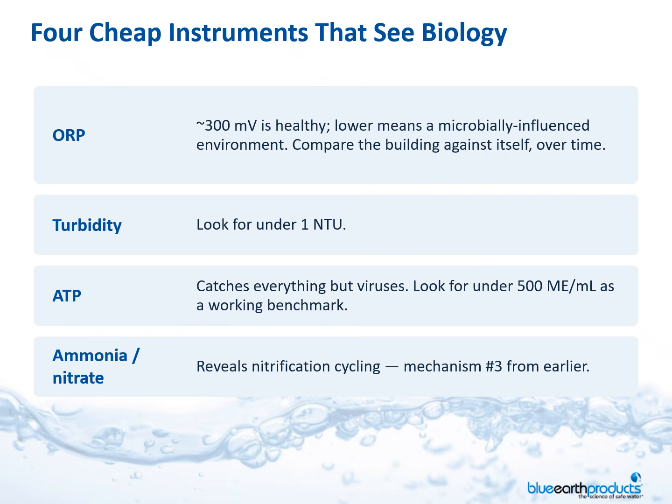Turbidity, you would measure that because we are looking for those particulates, and it would show up in a turbidity measurement. ATP is your measurement of microbiological activity. So if you have a situation where there is a lot of sloughing off, you can easily see that. And ammonia and nitrate will reveal if you have nitrification cycling going on. And this is especially important in copper pipes because copper is a part of that process.